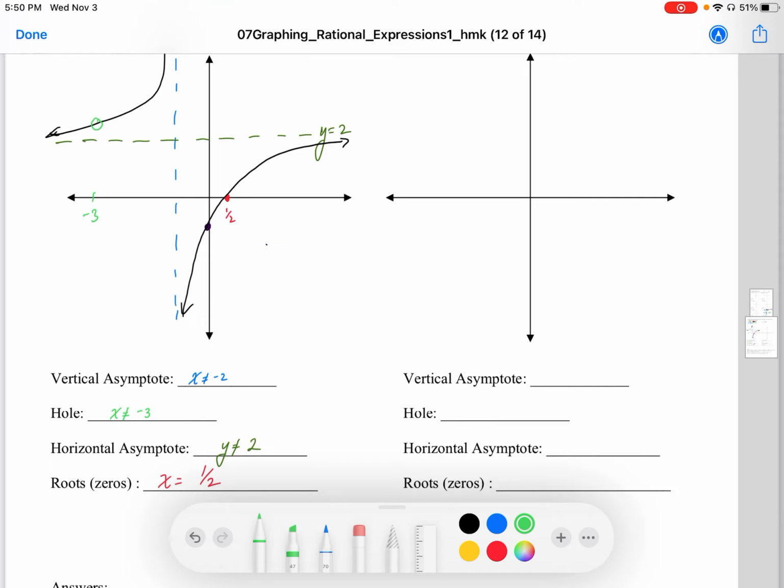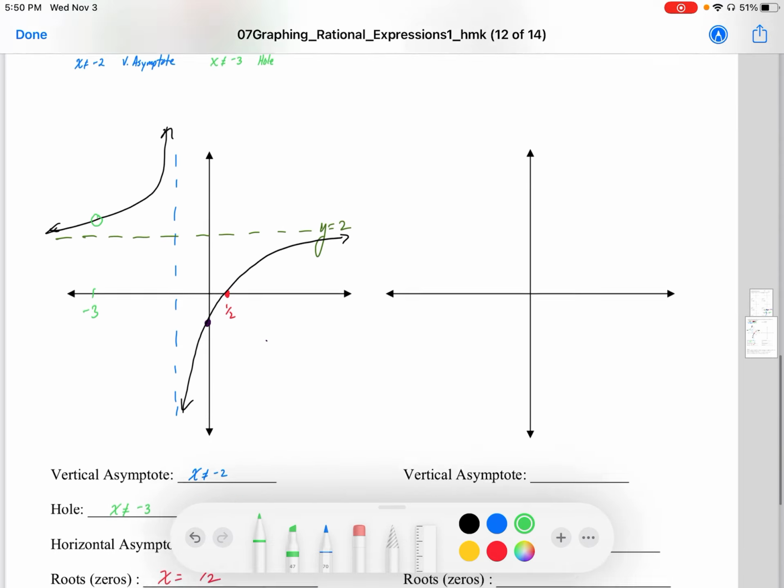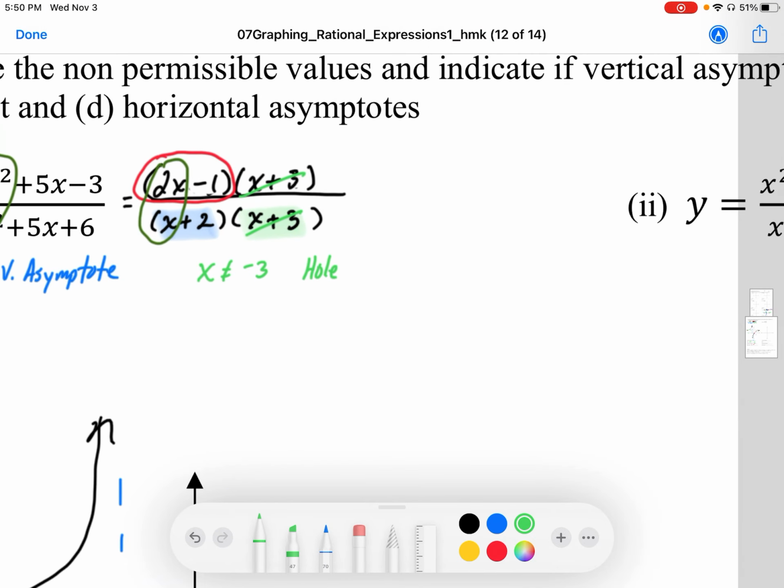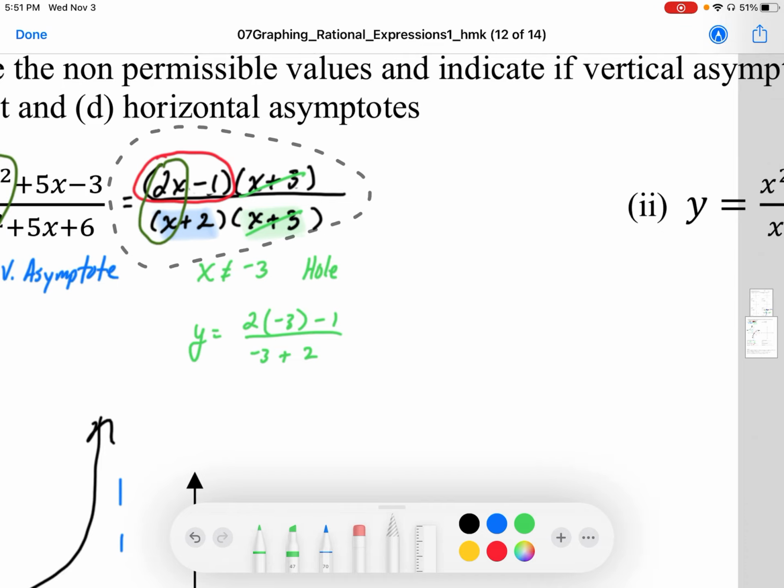You may be required to find the y-coordinate of the hole, and to do that, what we do is we plug x = -3 into the simplified equation, so we end up with y equals 2 times -3 minus 1 all over -3 plus 2. So what we've plugged it into is this portion of the equation, the simplified form.